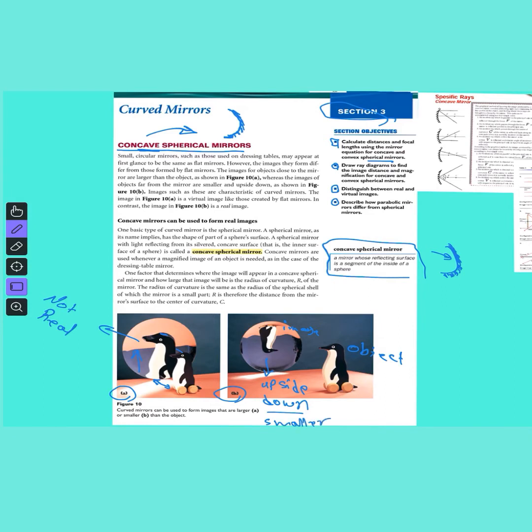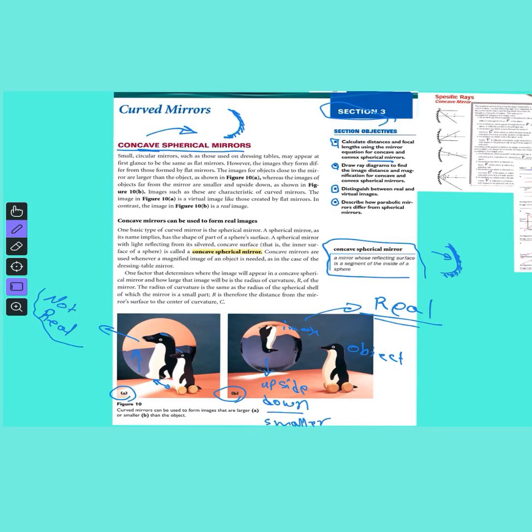It is small also. So the image is upside down, smaller, and it's going to be a real image. We will discuss this one, a real image. Why is it real for part B?